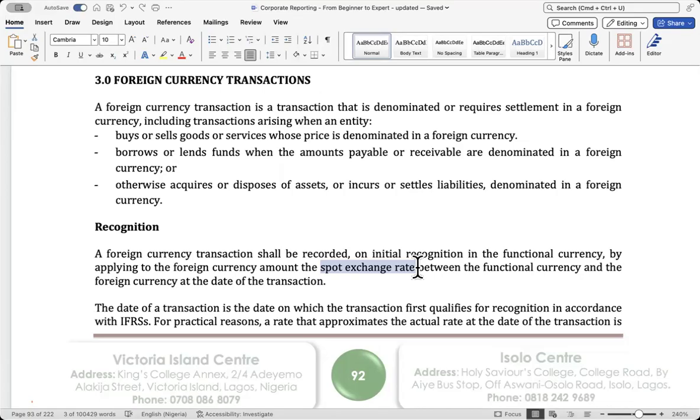Then in terms of tax purposes, let's say in Nigeria, that happens to be the parent company, how will you present it to the tax authority? Will you use the presentation currency or the functional currency?